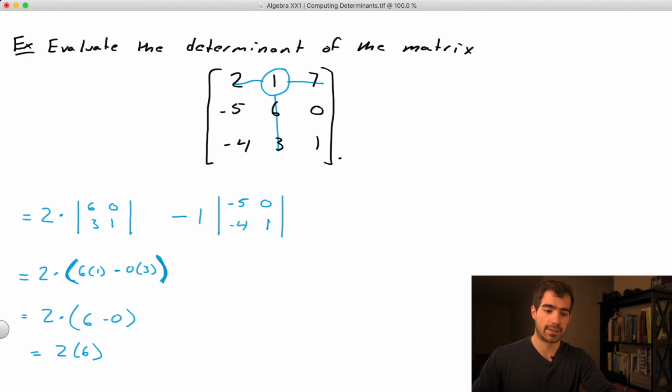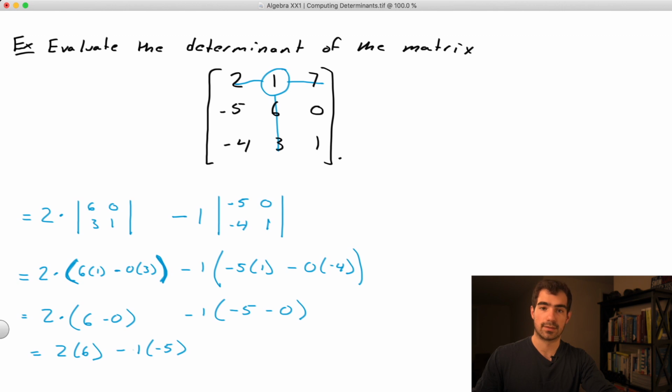If we take the determinant of this, we'll have -1 times the product of the first diagonal, so -5 times 1, minus the product of the second diagonal, 0 times -4. Simplifying this further is going to give us -1 times -5 times 1, or -5, minus 0 times -4, or 0. In other words, -1 times -5, or simply +5.